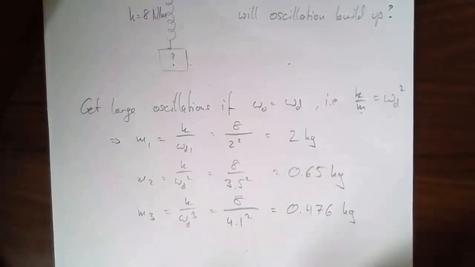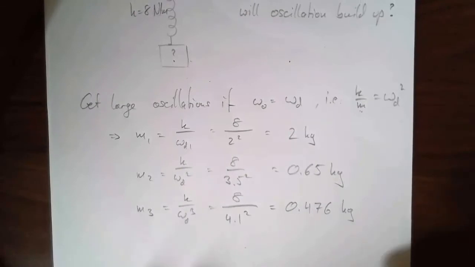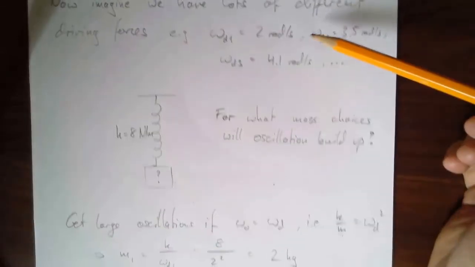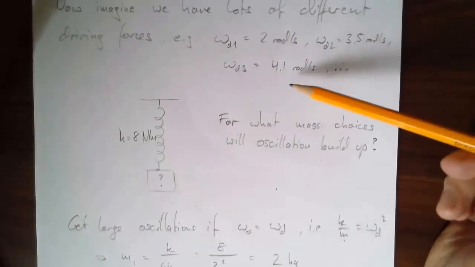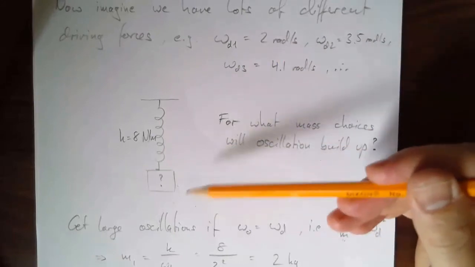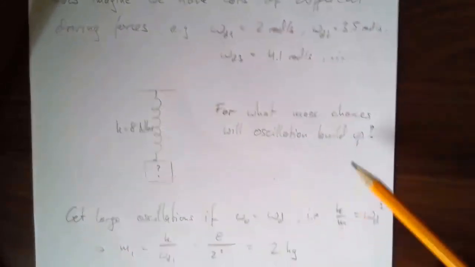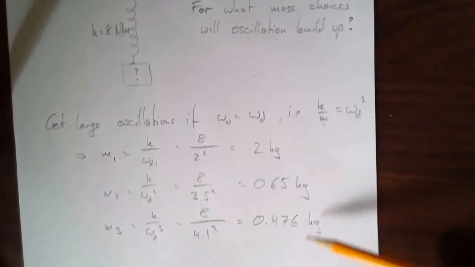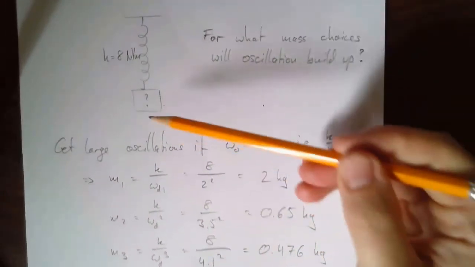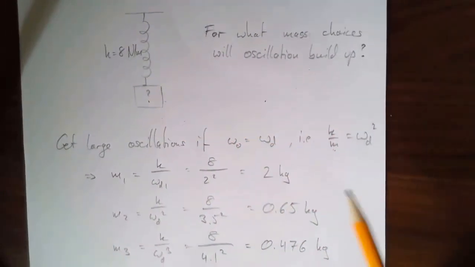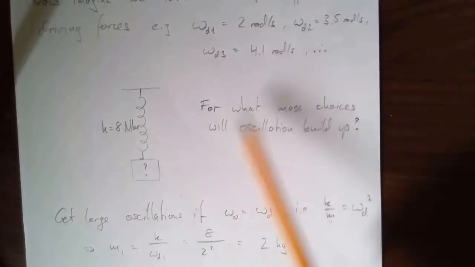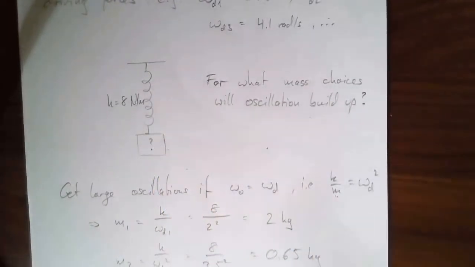Yes, I cheated. I consulted a calculator. Now, maybe there are a lot more different driving frequencies acting on it by some method, who cares? And then there'll be more masses that respond to those frequencies. So if I want to pick up a particular one, I just have to hang the right mass onto this.